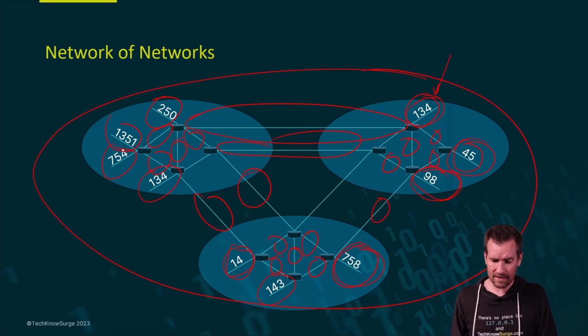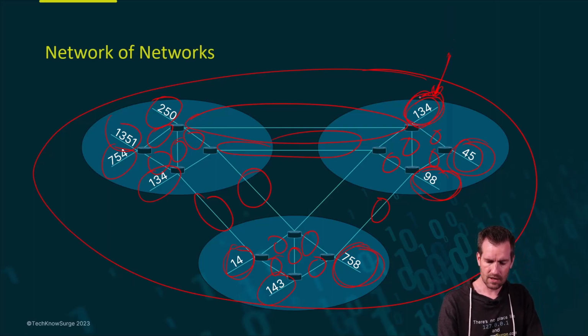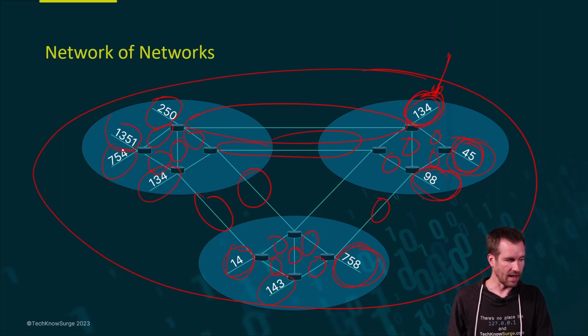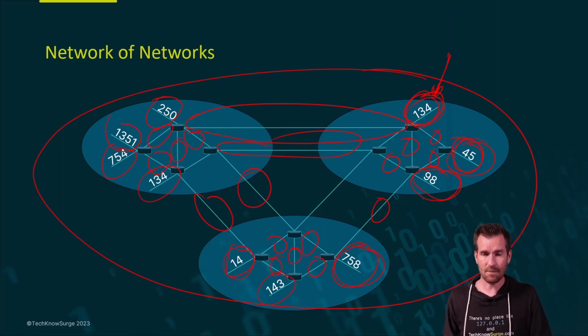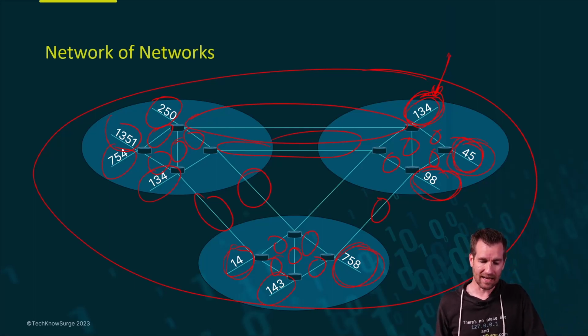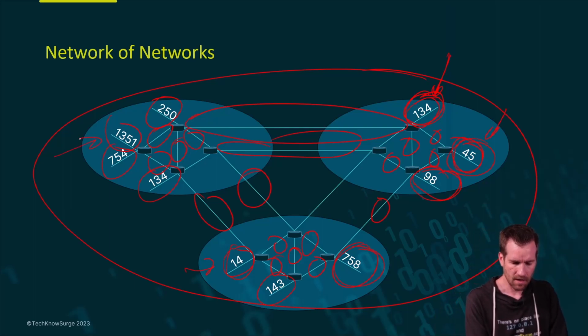For each one of these, we've talked about having a network address. So each one of these will have a network address, each one of these will have a broadcast address, and then a usable host range. And some of them are not going to need that many, such as we've got 45 here or 14, and others are going to need a lot of usable hosts.